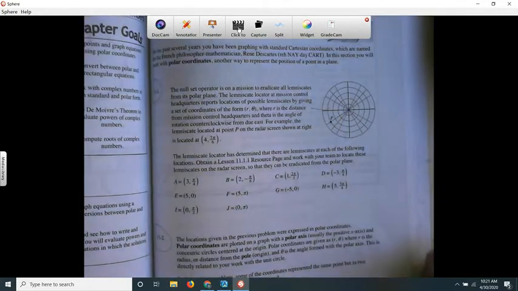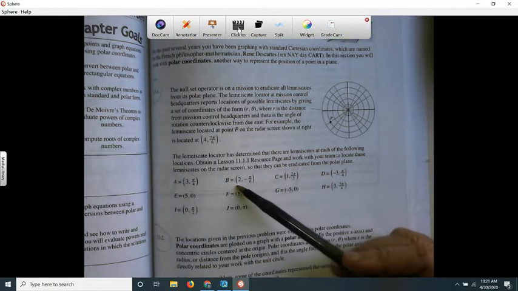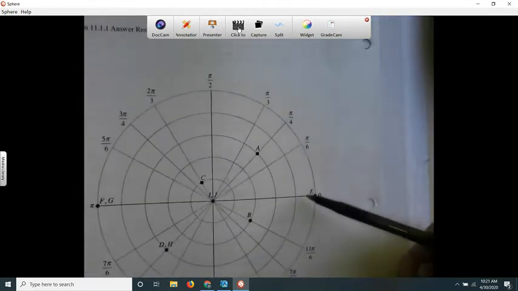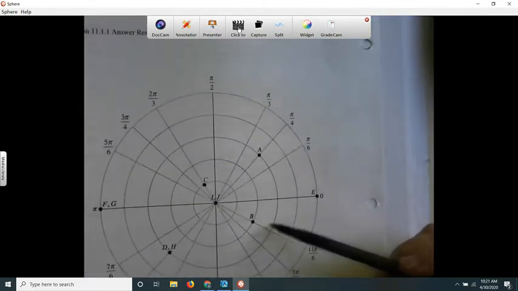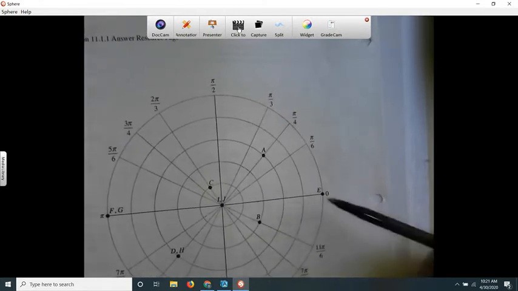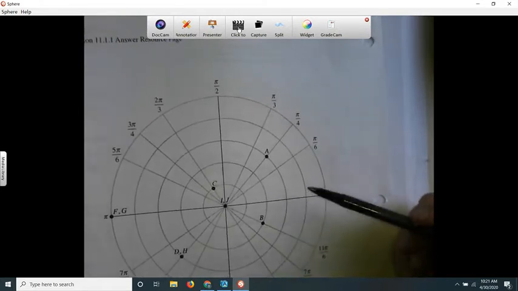So I'm showing you the answers here. Letter B was (2, negative pi over 6). So I'm going to go in the negative direction from the positive horizontal axis by pi over, what did it say? Pi over 6.